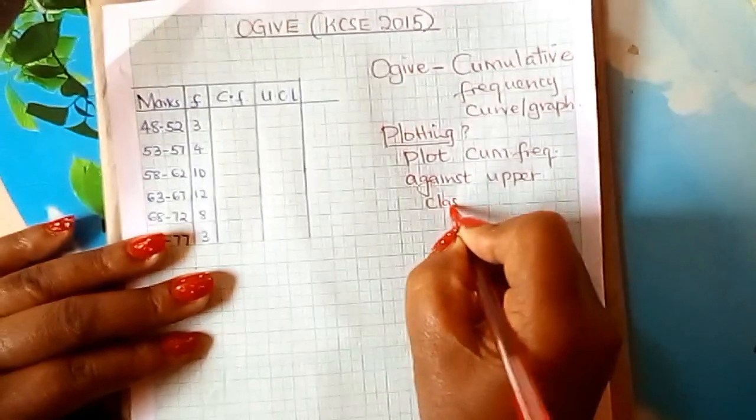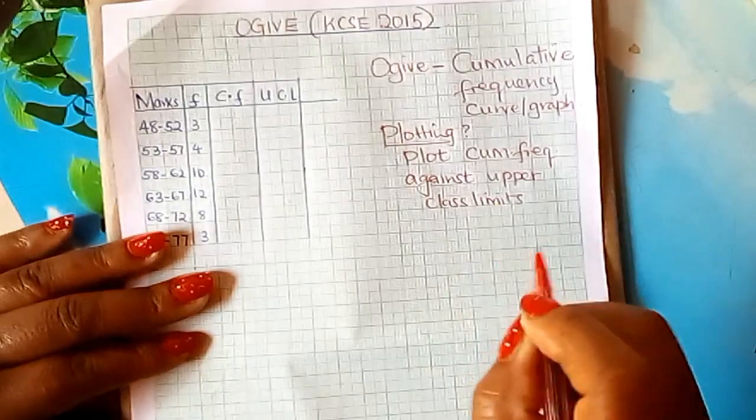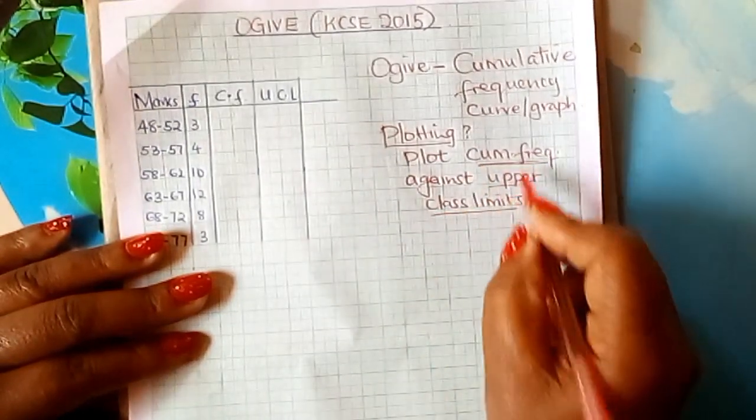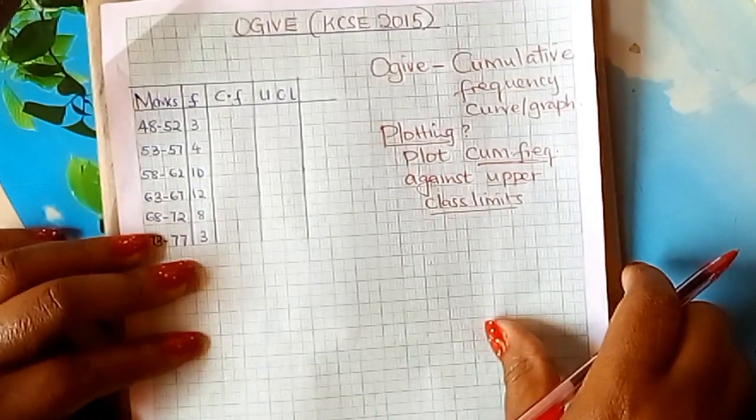You plot cumulative frequency against upper class limits. You have to master this for you to be able to get all the 10 marks.